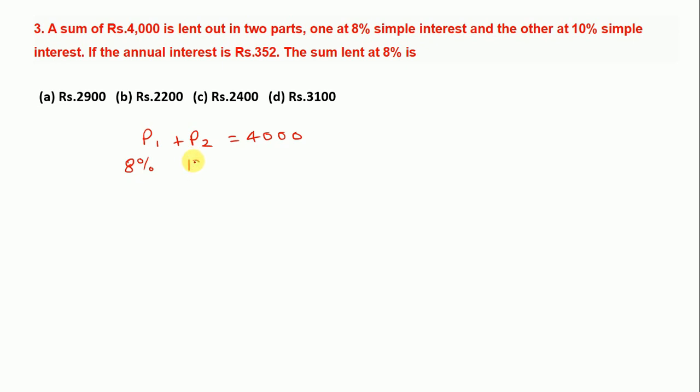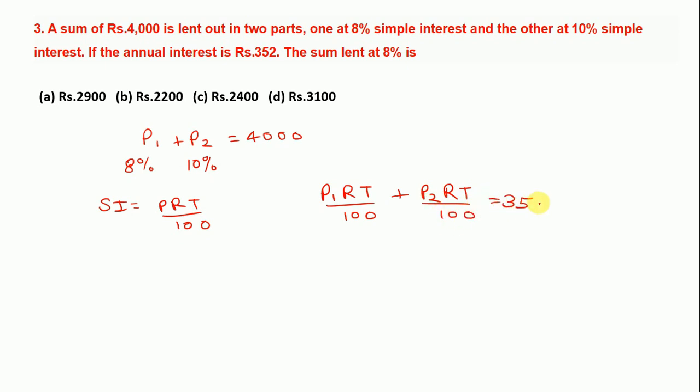Now SI is equal to P into R into T upon 100. And here annual interest is 352. So P1 into R into T upon 100 plus P2 into R into T upon 100 is equal to 352, as has been given to us in the question.